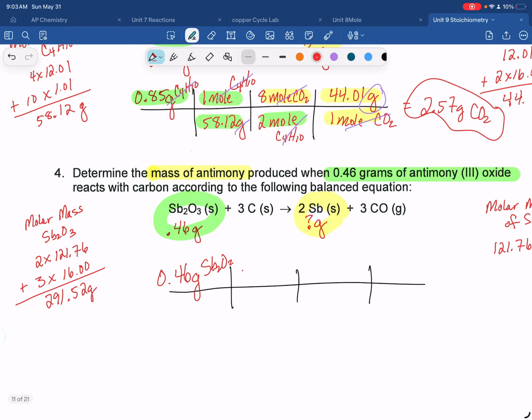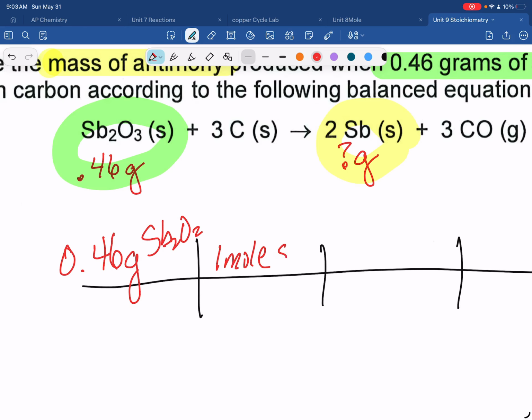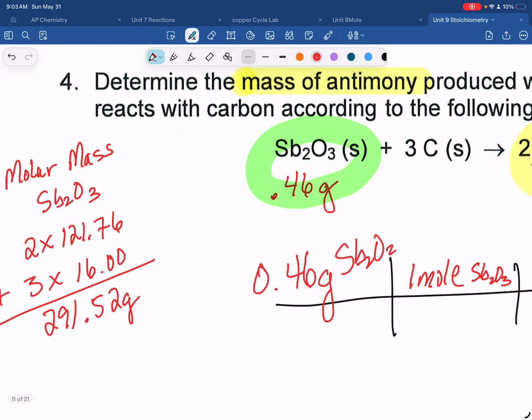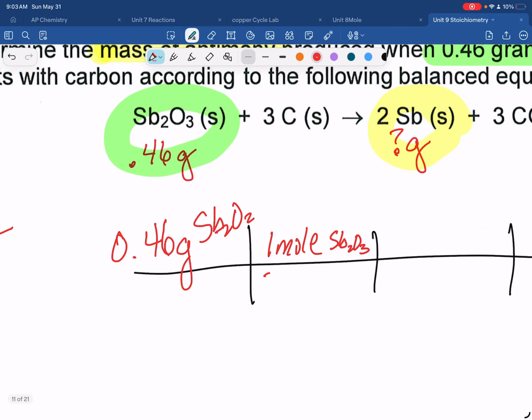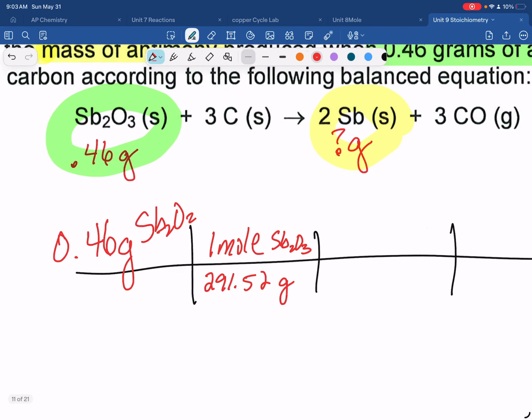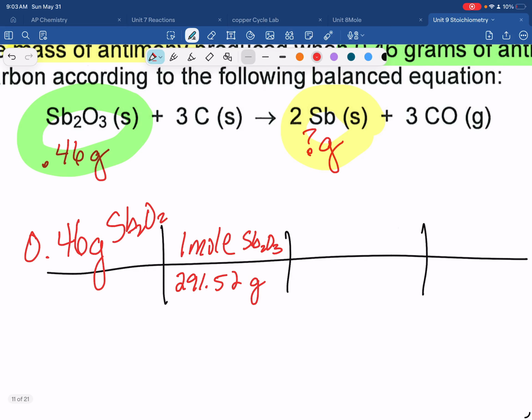So for every 1 mole of Sb2O3, we have 291.52 grams. All right, now we need our mole ratio. So let's see here. So we're starting with this. Here's that. Our mole ratio, we put what we start with on the bottom. What we're looking for goes on the top.